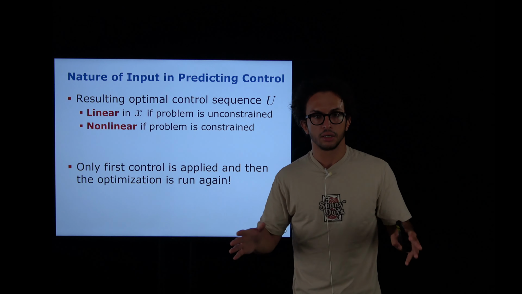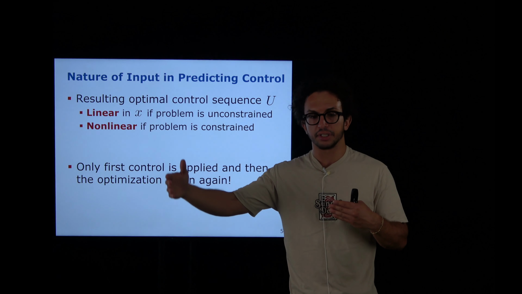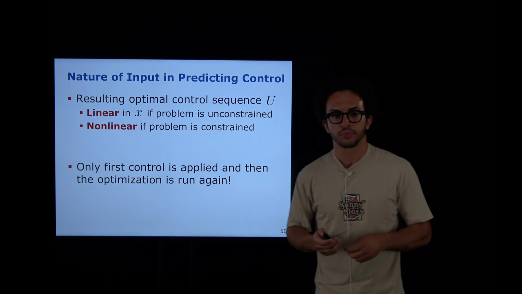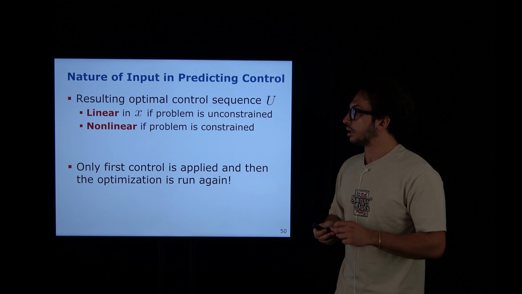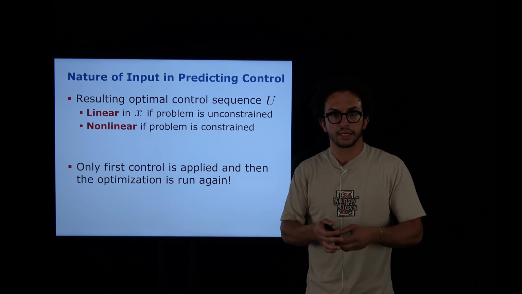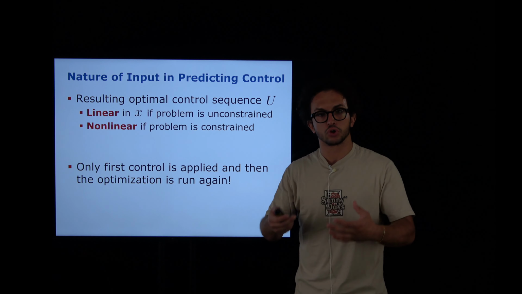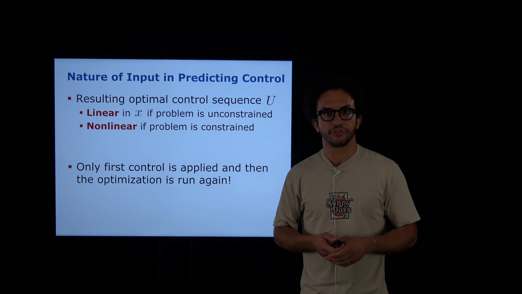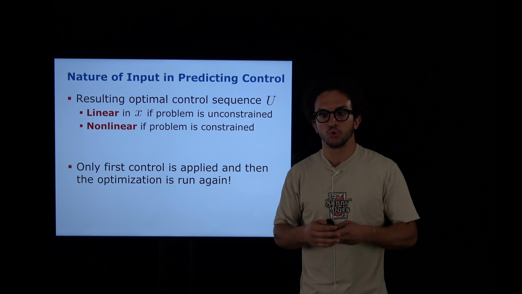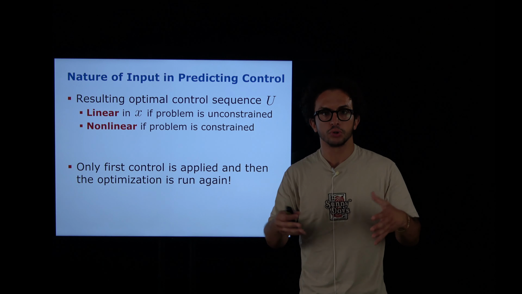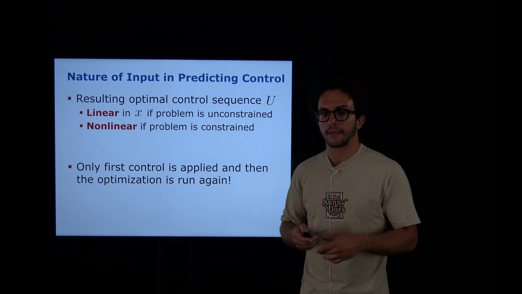You don't apply everything that you predict after the first one, you only apply the first one. This is called quadratic programming. It can also be solved with tools like CasADi and the others that were mentioned before. So it's something you have to solve numerically, just code it and find the solution.